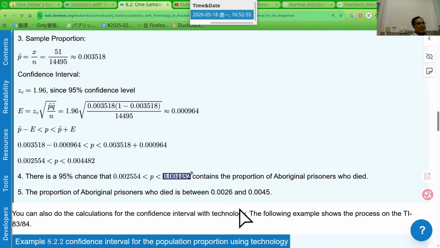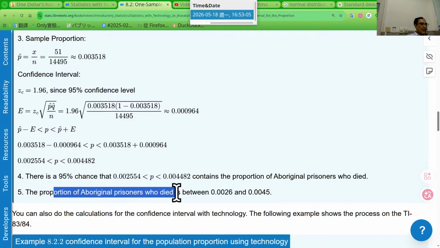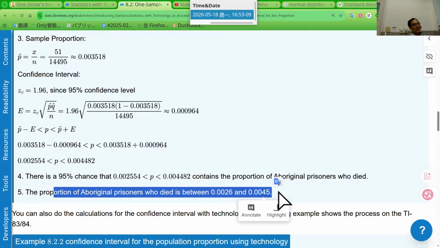With this confidence interval, the proportion of original prisoners who died is between these values. Is it okay? Okay, I think I can stop the lecture here, and if you have a question, please let me know.